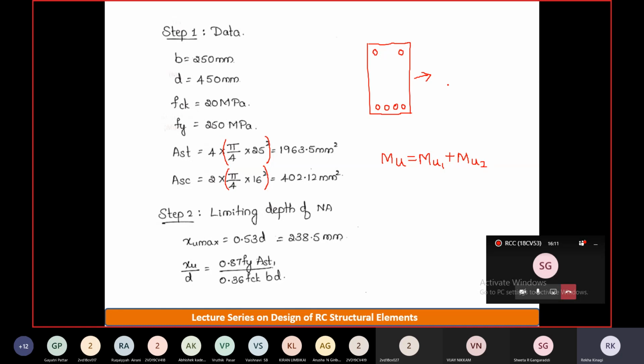That is, in order to calculate Mu1, whatever the requirements are, we are going to calculate. And how to calculate Mu2? Mu2 we have already discussed. Mu2 is equal to FSC into ASC into D minus D dash.